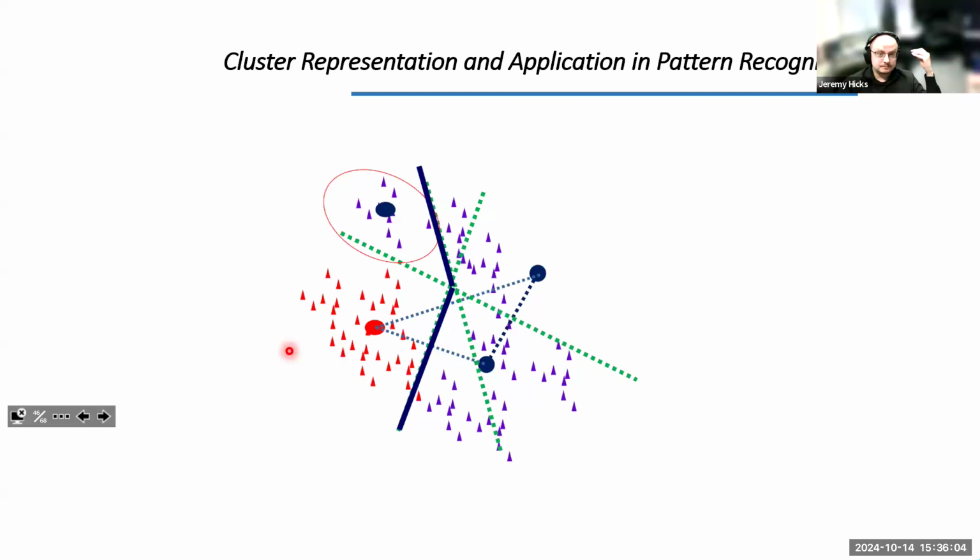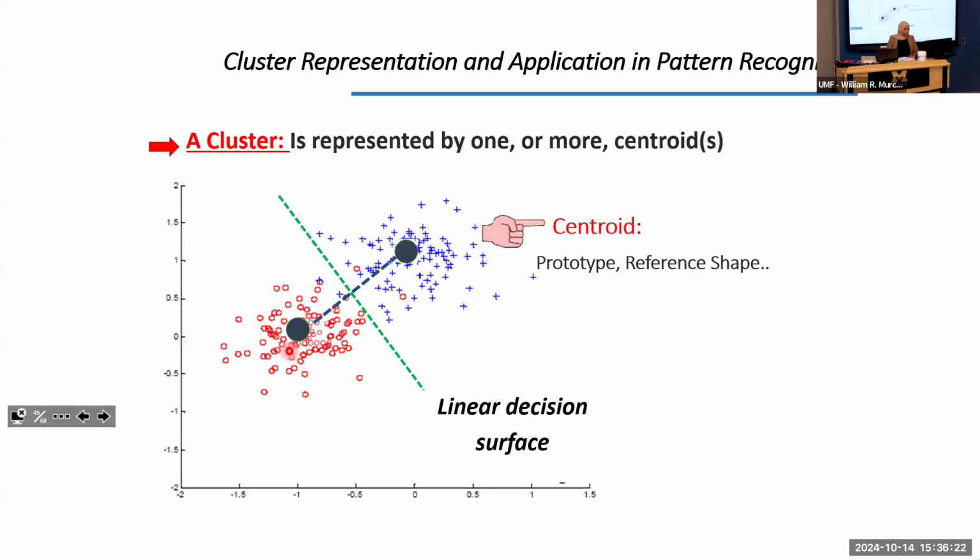How many elements, or centroids, sorry? I mean, how many groups can you see? How many clusters? Looks like 4. We got 4 dots. When we define a cluster, it is represented by one or more centroids.